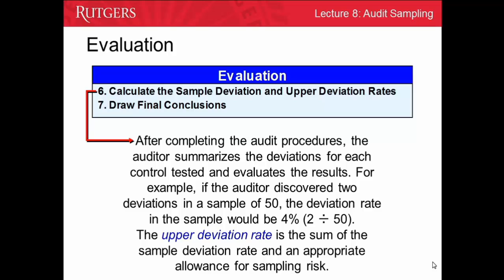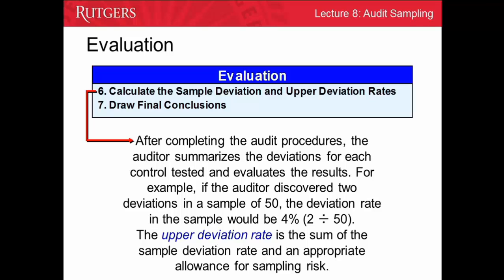This is sometimes referred to as the upper limit approach. The upper limit represents the upper one-sided confidence limit for the population deviation rate based on the sample size, the number of deviations, and the planned level of confidence.